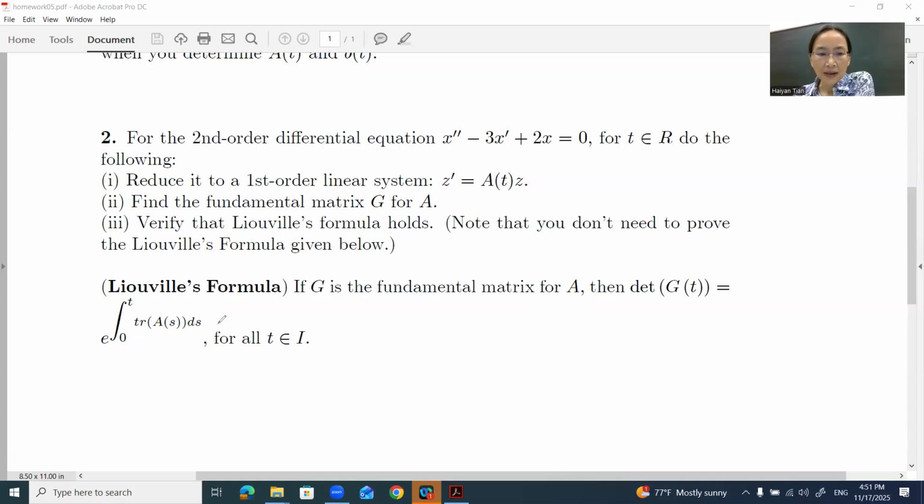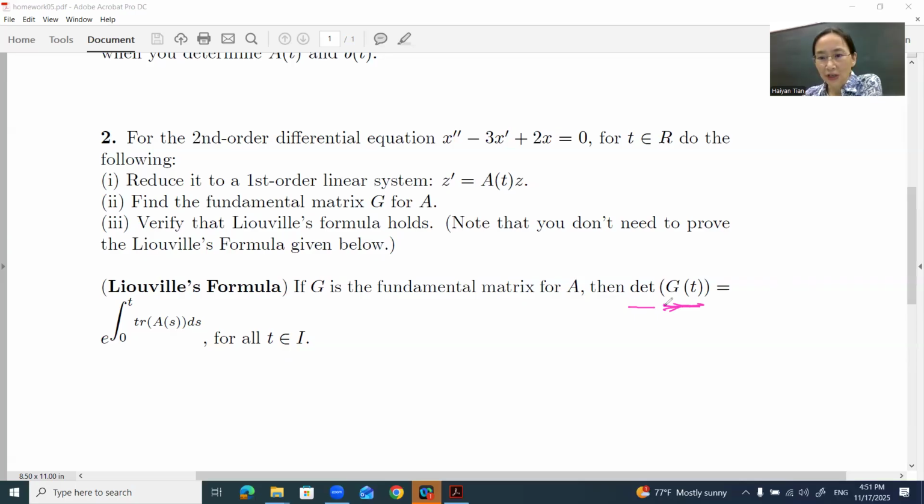So this shows that this is a non-zero quantity, and also shows that if the determinant of a matrix is non-zero for t in a certain interval I, then this fundamental matrix has an inverse, because we know the determinant is non-zero, implying that the fundamental matrix is invertible.